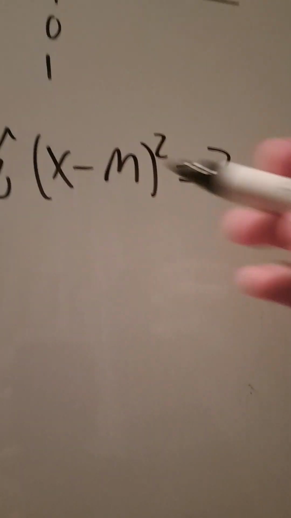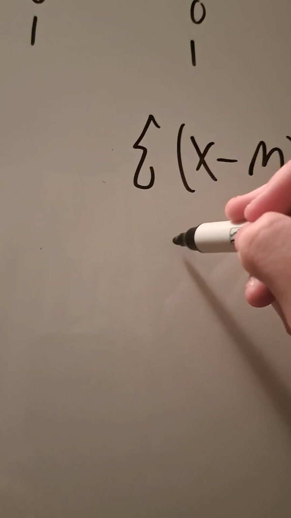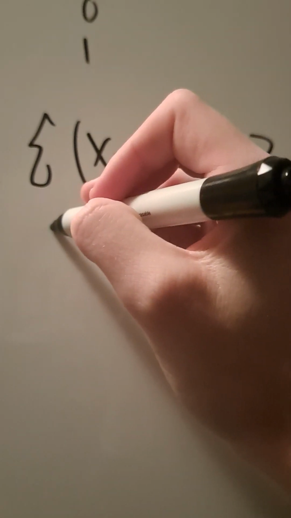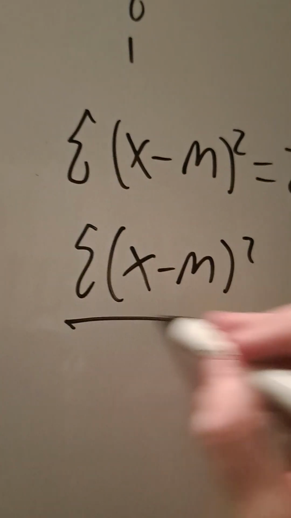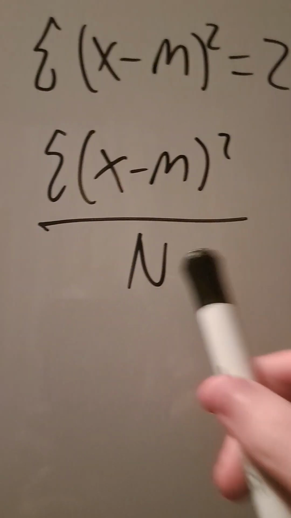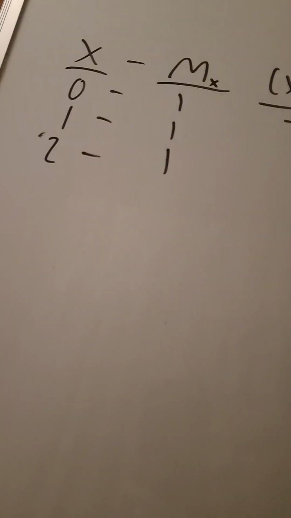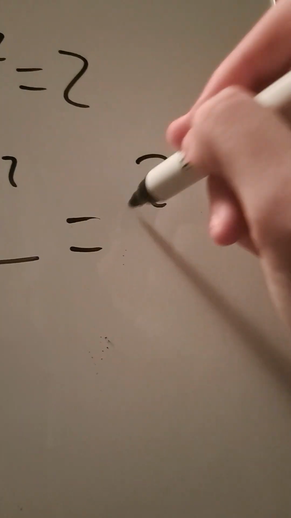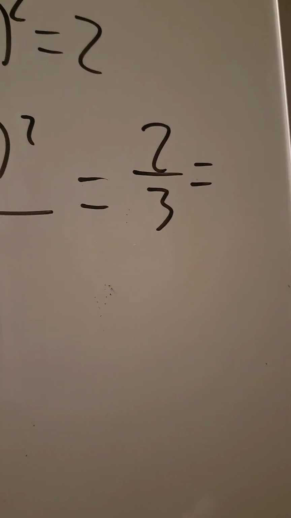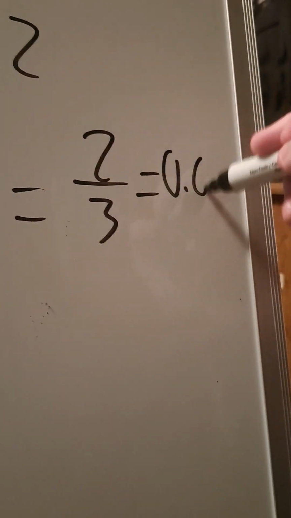And what we're going to do now to find the variance is we're just going to take this exact formula that we have, and we're going to divide it by n, or the number of data points, which, as you might recall, is 3. So this is going to be equal to 2 over 3, right? So our variance then is going to end up being 0.67 when you round it.